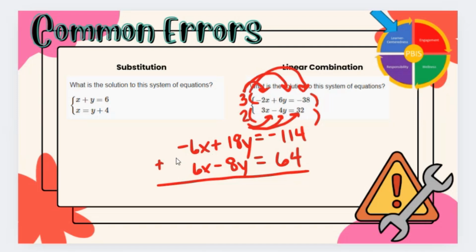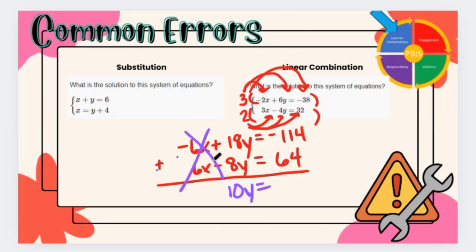Negative 6x plus 6x, oh, that can be eliminated because negative 6x plus 6x is 0. Then I move on to my next piece. I have 18y plus negative 8y, that's 10y, equals negative 114 plus 64.